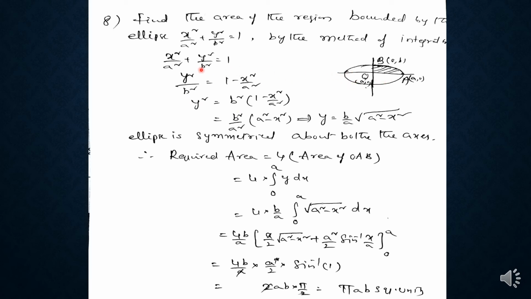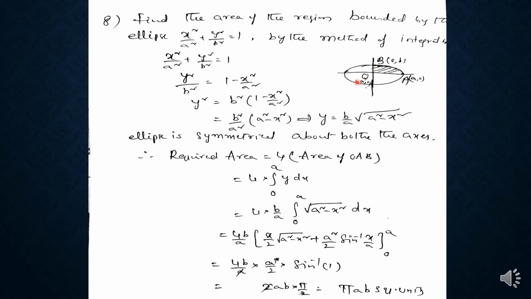First write the equation and draw the figure, the ellipse figure. The x-axis is the major axis and this is the minor axis. Let us take the major axis points, and this is the center of the ellipse 0 comma 0, and this is one end vertex of the ellipse a comma 0, and this is b.